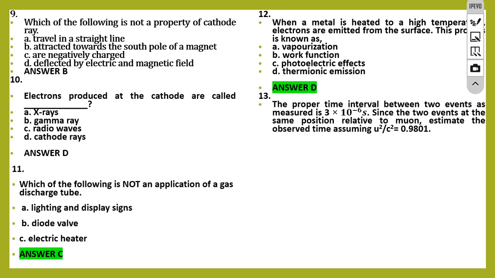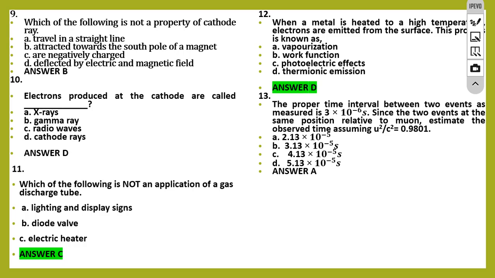The options are: 2.13 times 10 to the power minus 5 seconds, 3.13 times 10 to the power minus 5 seconds, 4.13 times 10 to the power minus 5 seconds, 5.13 times 10 to the power minus 5 seconds.